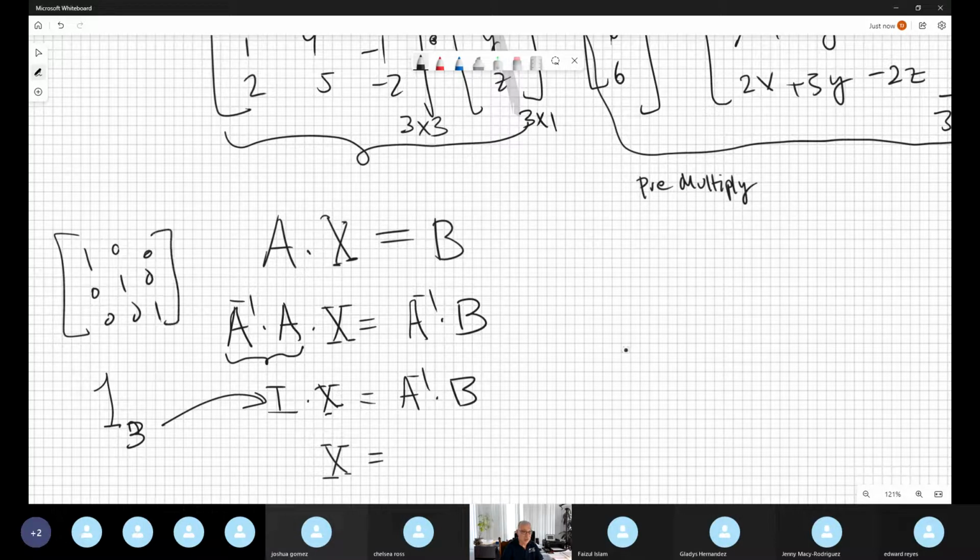When you multiply the identity matrix of dimension 3 or dimension M, suppose 25 equations, it doesn't matter, by any vector or any matrix, it's like an invisible multi-dimensional 1. So the formula is this.